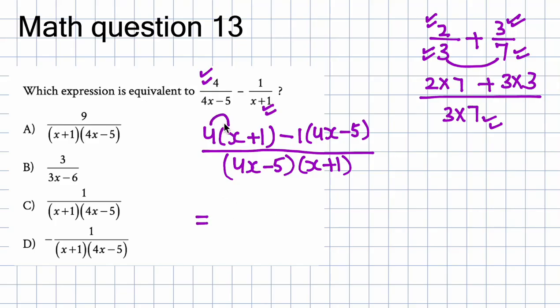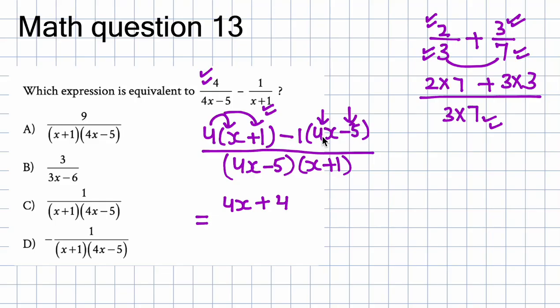In this part, let's apply the distributive property. 4 is to be multiplied with x as well as 4 is to be multiplied with 1. So 4x plus 4 ones are 4. Now negative 1 is to be multiplied with 4x as well as with negative 5.